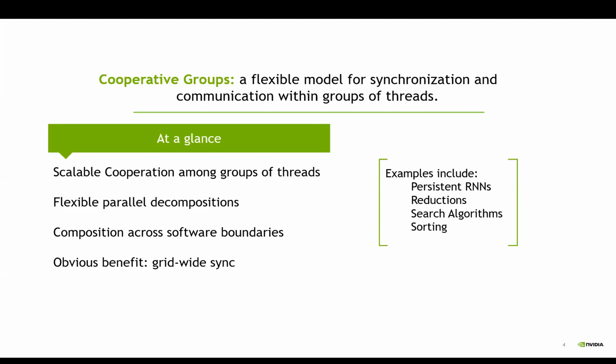We're also going to look at being able to generate flexible parallel decomposition, so being able to take larger groups and subdivide them into smaller groups. And this also ties into the next topic, the idea that we have varying sized groups of threads for purposes of cooperation or collaboration.